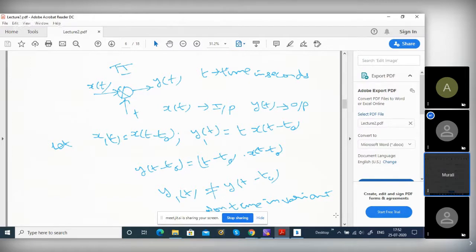Time variant, because cos omega c t is a function of time.